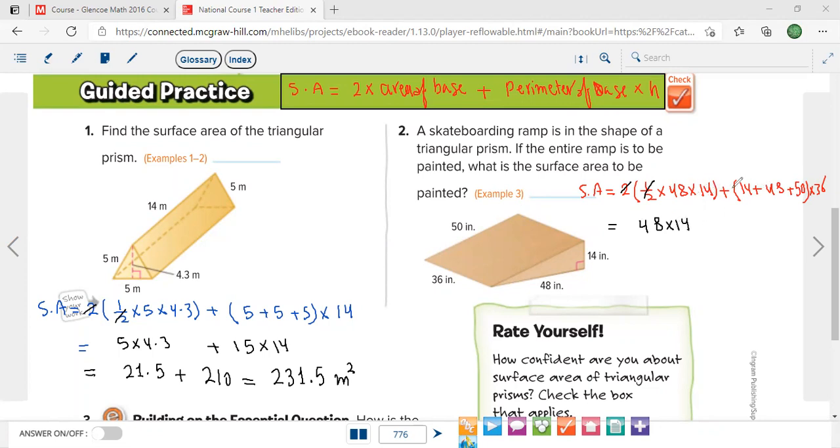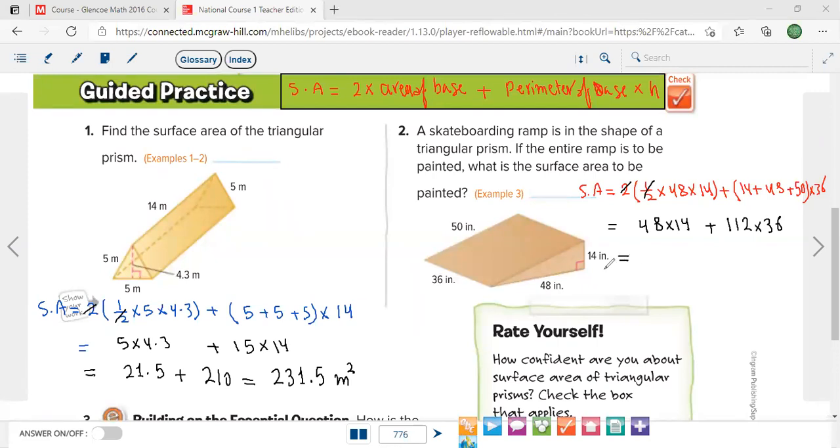Don't forget that between the parentheses there is plus, always plus here. 14 plus 48 plus 50. This will give you 112 multiplied by 36.